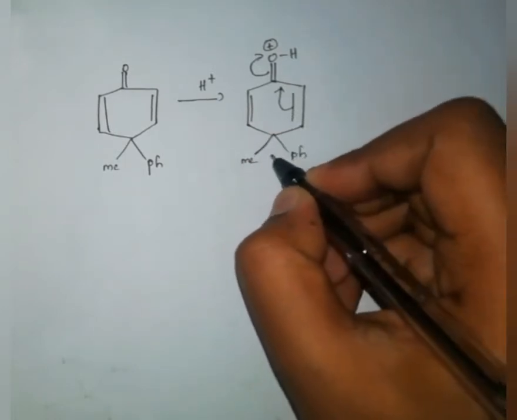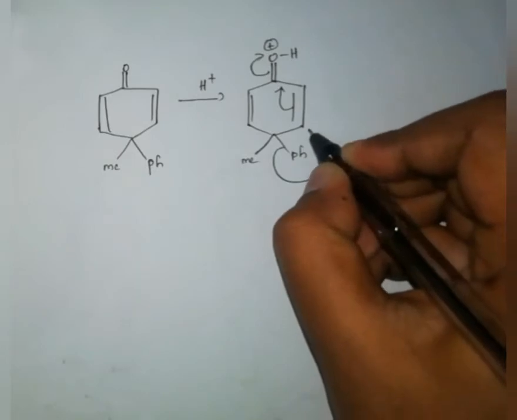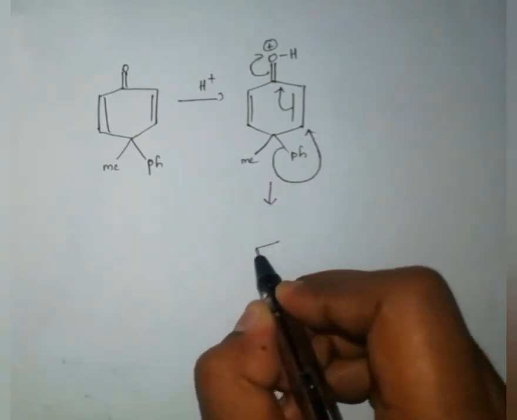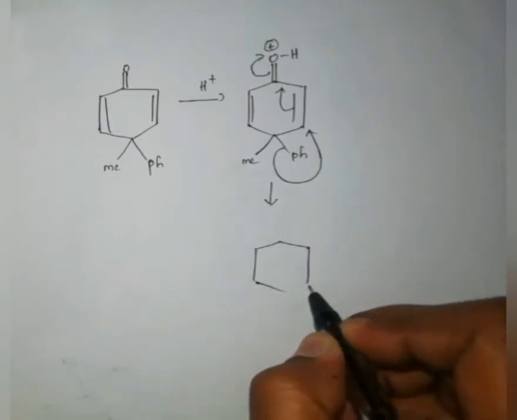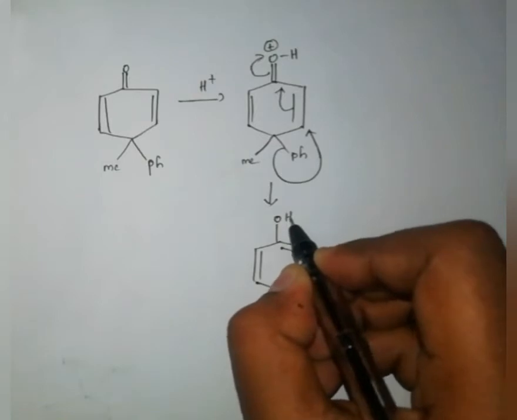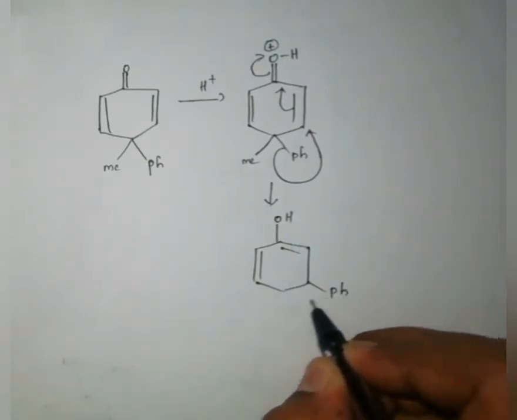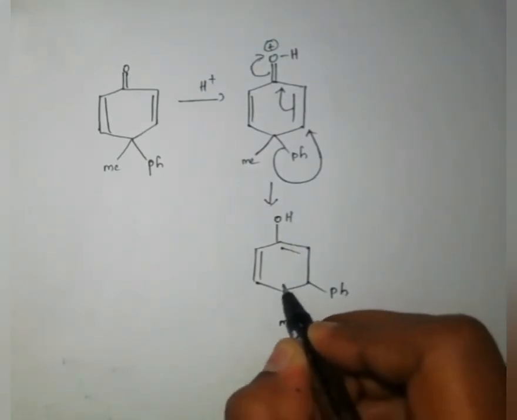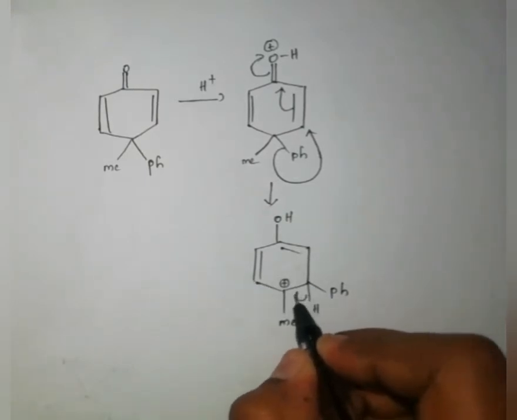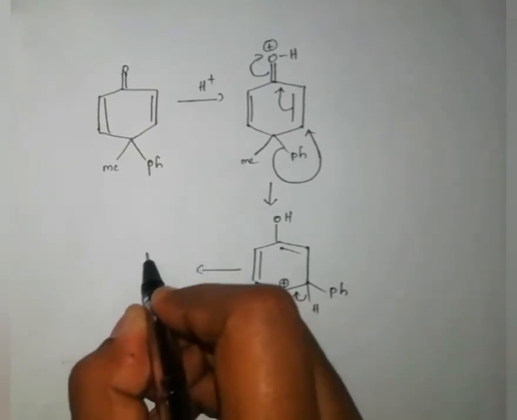This phenyl group gets migrated to this position, and this becomes OH, here Ph, here Me.